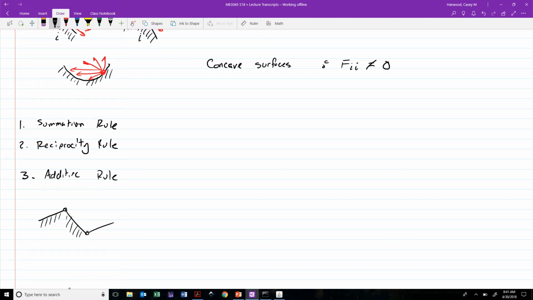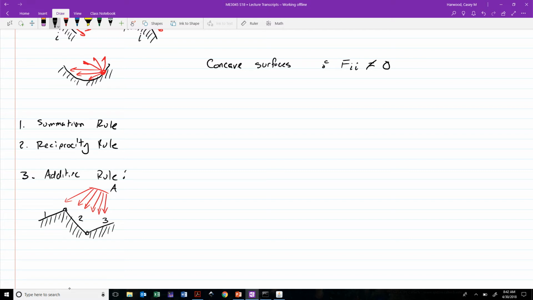Let's say we have a surface that's broken up into pieces, so it's a subdivided surface, and we're radiating energy toward it from some other surface up here. We'll call this surface A.